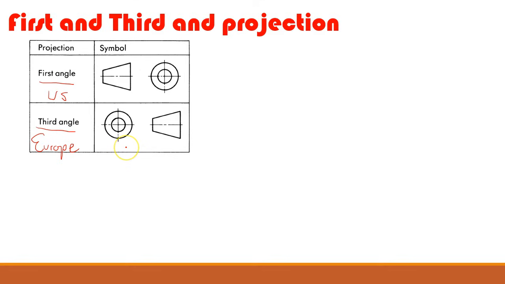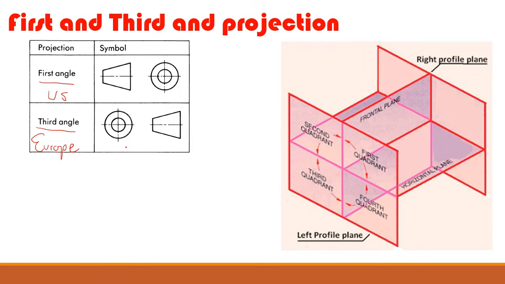Now, the way you can think of these two projections is to break the universe up with a left profile plane, a right profile plane, a horizontal and a vertical plane, and you think everything has to be positioned in a different quadrant of these different planes.